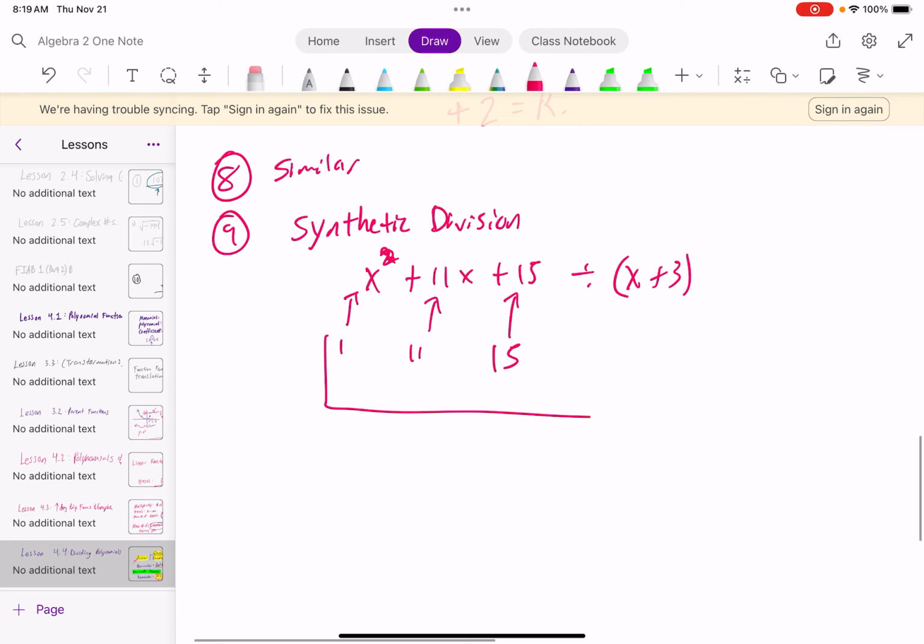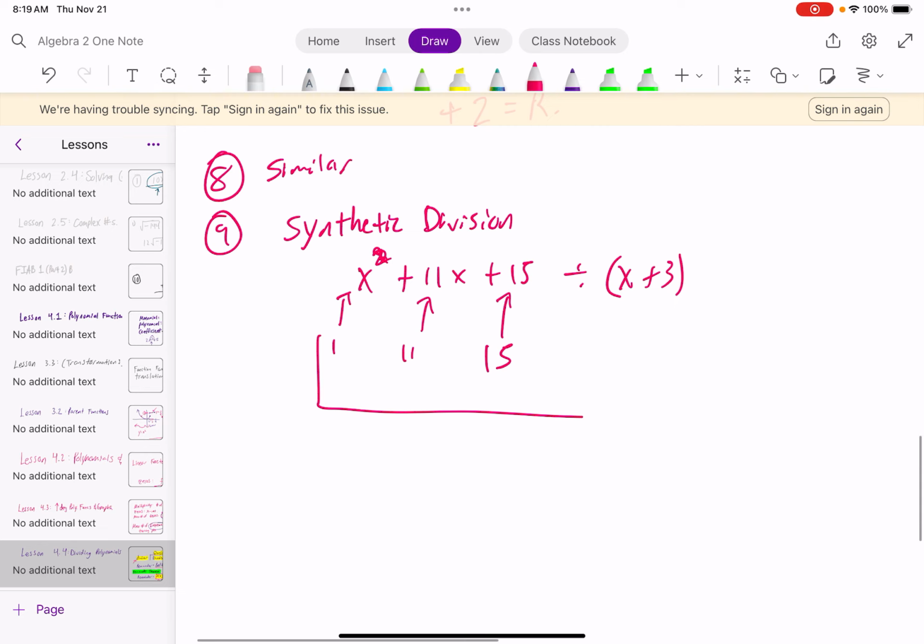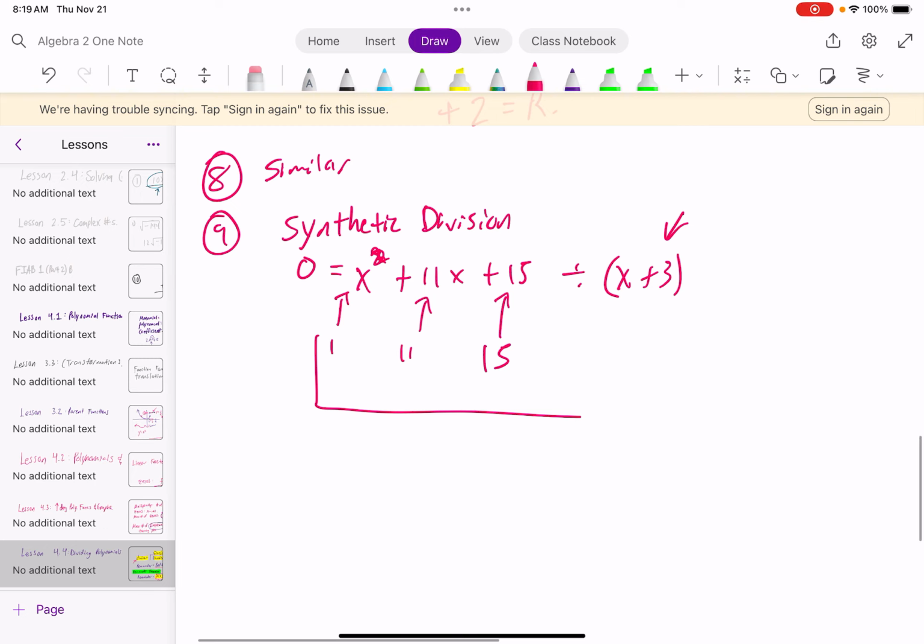We're going to divide by x when it is a certain number. Remember, we're looking for the factor, so this has to be equal to 0, right? So therefore, if this is a factor, what is the x?